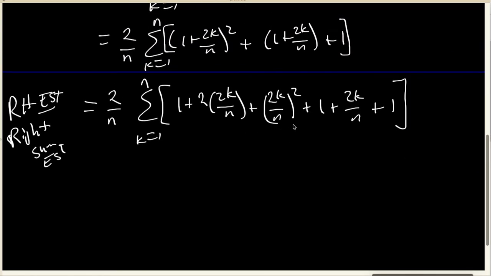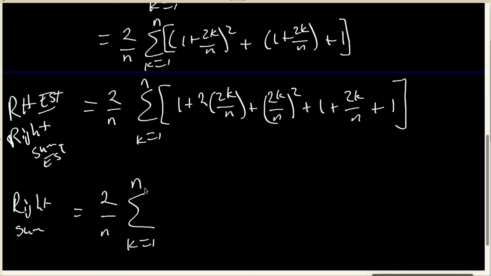And I can clean this up just a little bit more. So my right sum estimate is going to look like 2 over n times the sum as k goes from 1 to n of, let's start with the constants. We have 1, 2, 3 of them, so I have 3 plus, this part here is 4k over n, and then I have 2k over n.